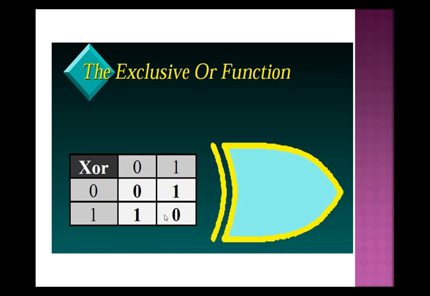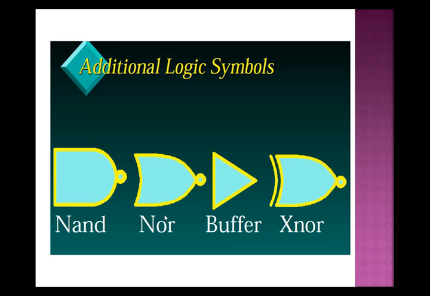If both the values are true, then the output is true, otherwise the output is false. In the NOT operation, we just invert the bits: 0 becomes 1 and 1 becomes 0. Then exclusive OR, where if both the inputs are 1, then the output is 0.